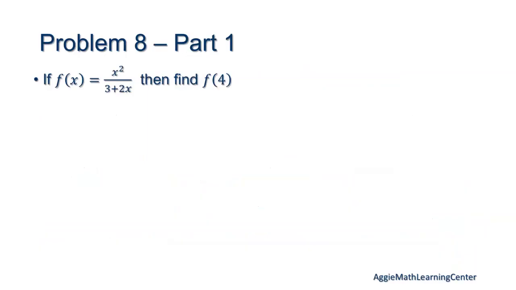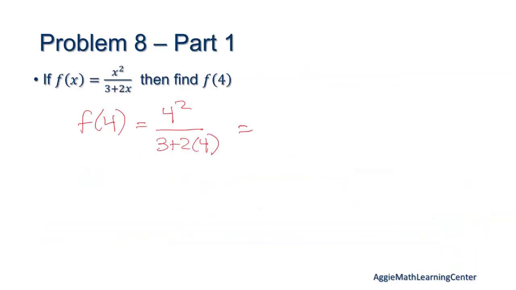Perfect. Okay. So if we have f of x equal to x squared over 3 plus 2x, how would we find f of 4? Plug 4 in. Perfect. We'll plug 4 in for x. So f of 4 is 4 squared over 3 plus 2 times 4.